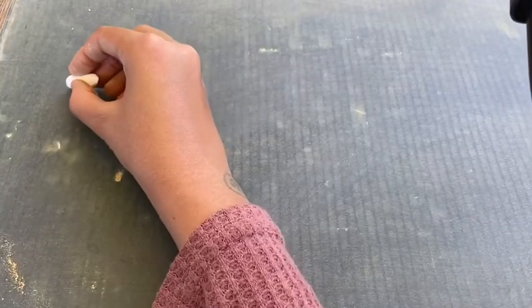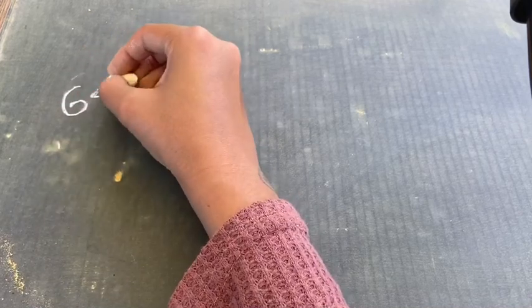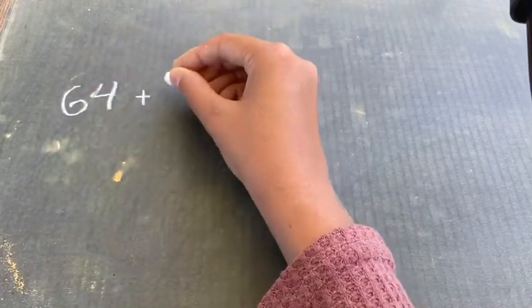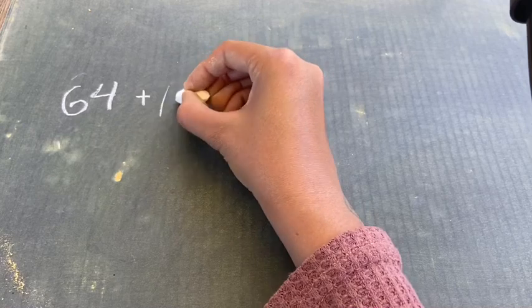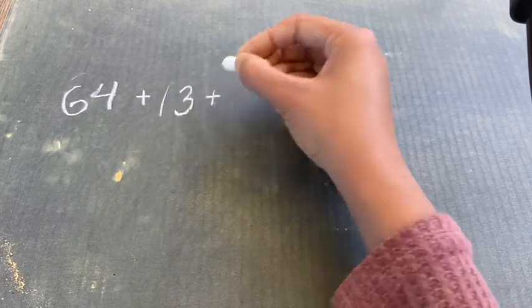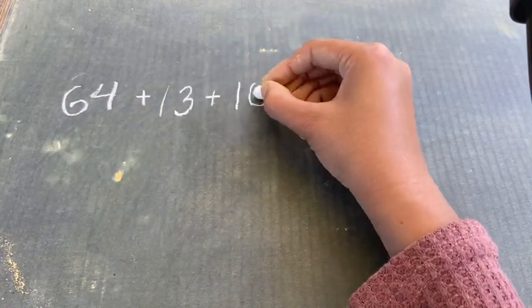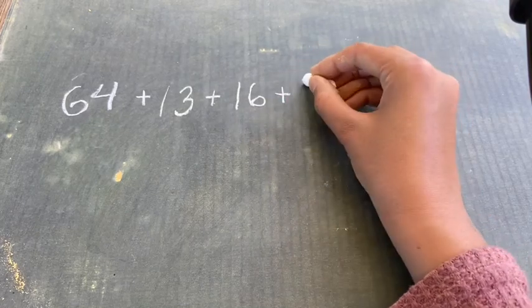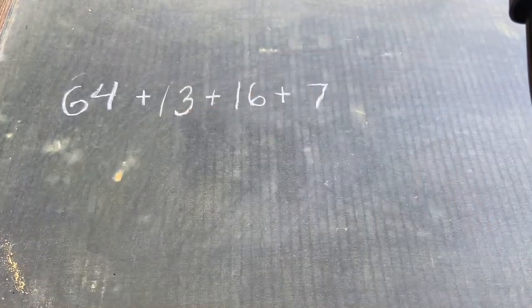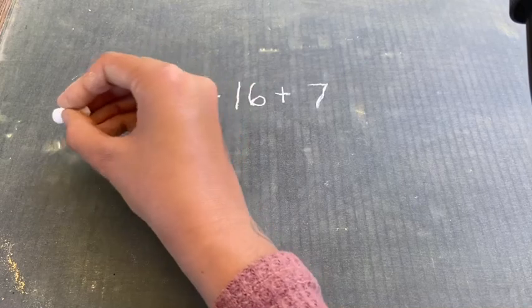Let's say the number is 64 plus 13 plus 16 plus 7. The number 64 has how many tens?